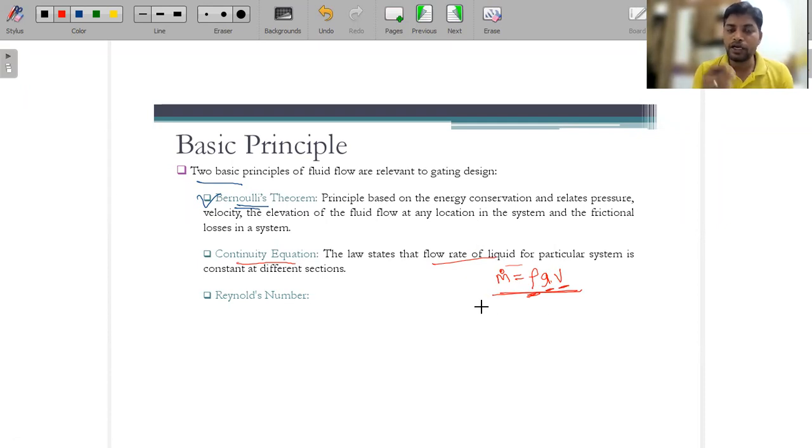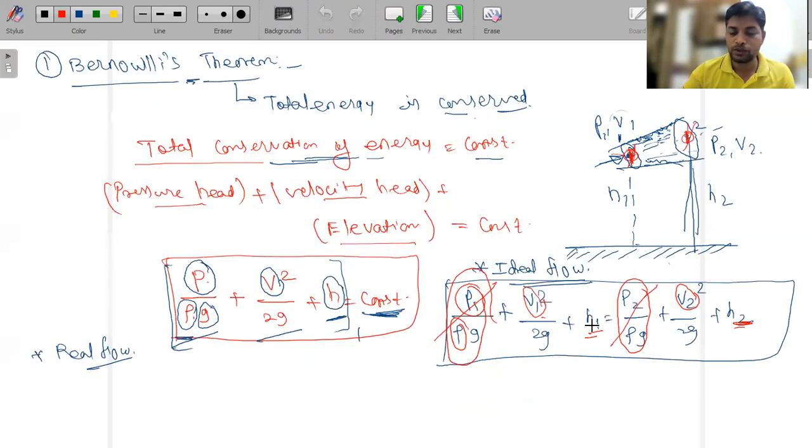Or if we are talking about the volume flow rate, then this will be given as Q. This Q will be equal to area into velocity. So if we take point 1 and point 2, the total volume at this cross section per unit time, when it is moving towards point 2, the volume flow rate at 1 will be equal to that at 2.